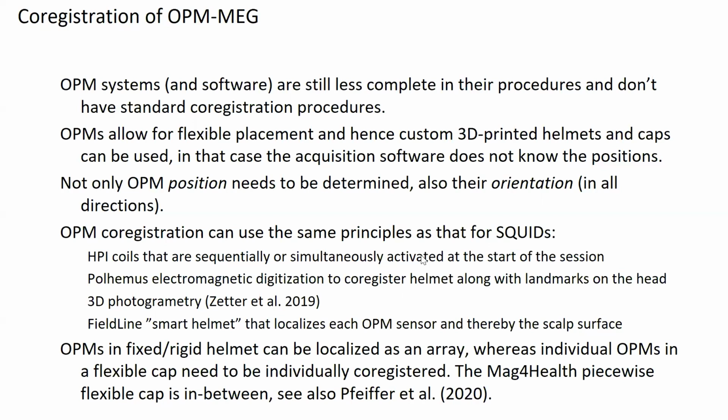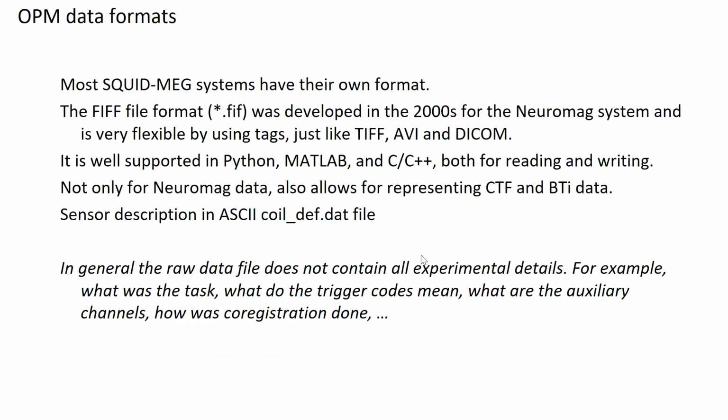The MAG4Health system has a bit of an in-between solution where they have a cap with flexible material with larger arrays of sensors. So there's multiple sensors on each panel, and there's multiple arrays. So each of the panels can be individually localized, but the panels also have to be individually localized.